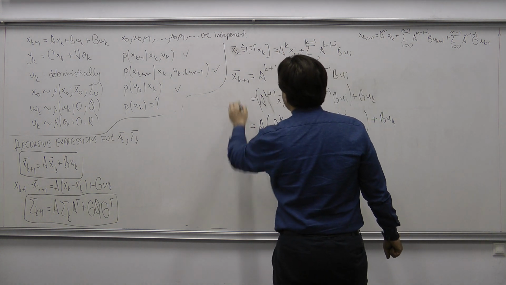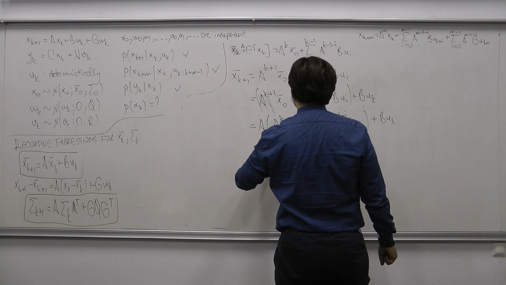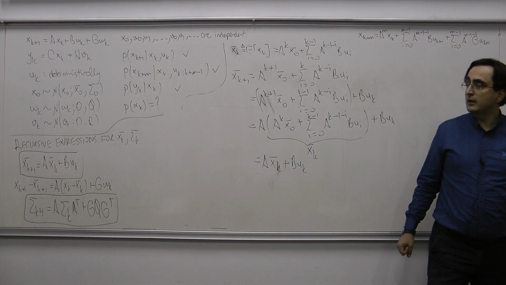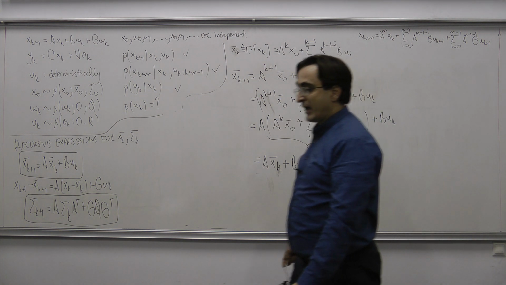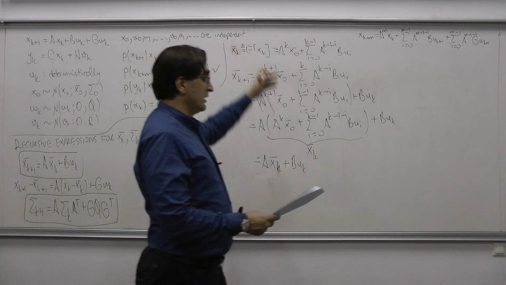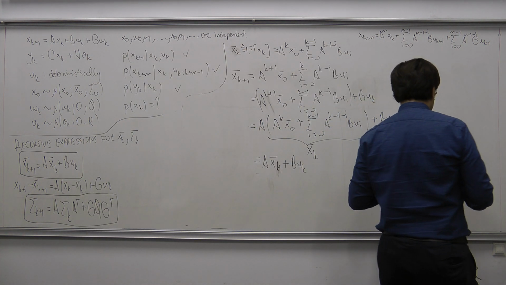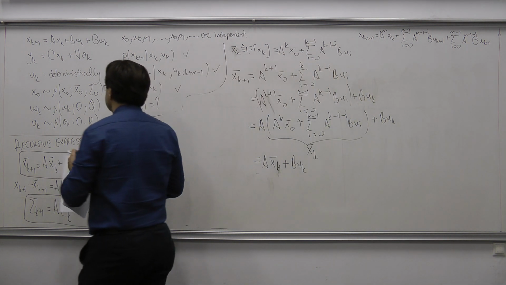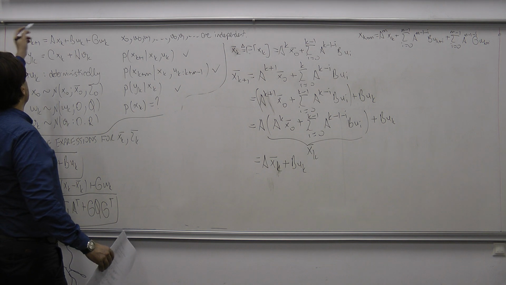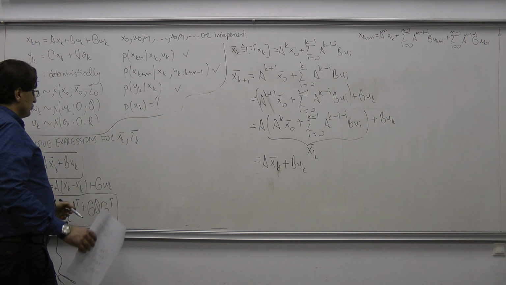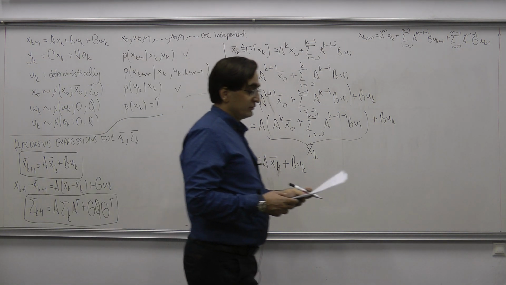So that means that x_{k+1} bar is A times x_k bar plus B u_k. So we get the same formula, as you see. So you can either use these final formulas that we have found in order to obtain recursions, or you can just use these recursive expressions and take their expected value and take their covariance to write the recursive formulas.